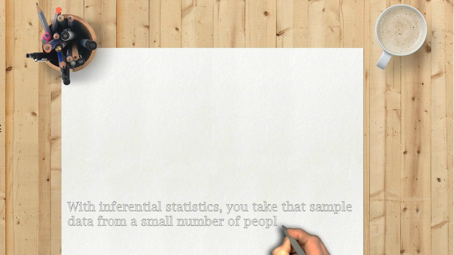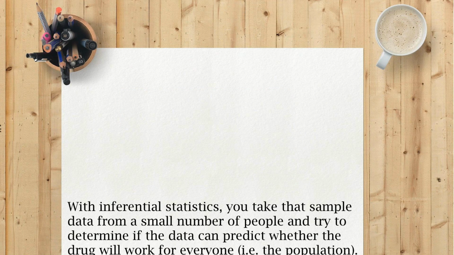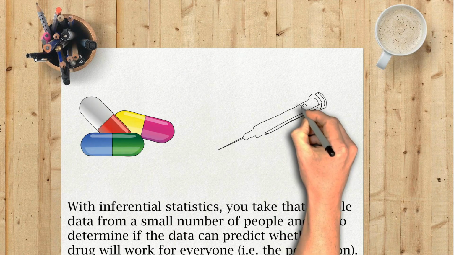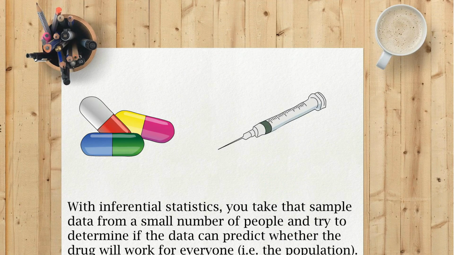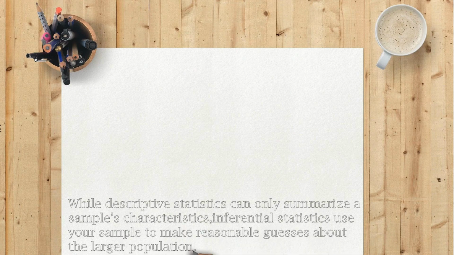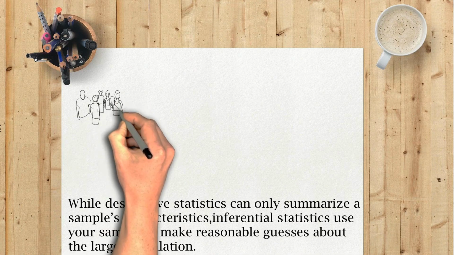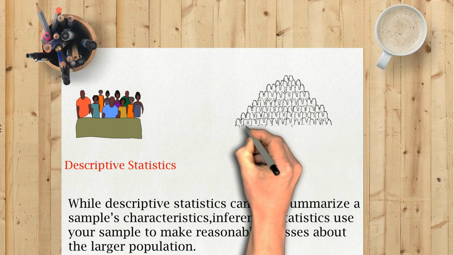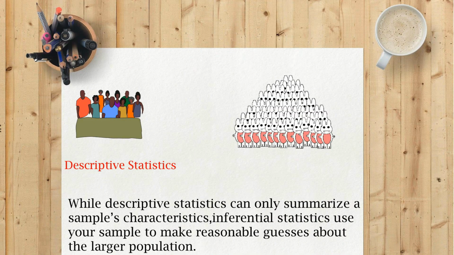With inferential statistics, you take that sample data from a small number of people and try to determine if the data can predict whether the drug will work for everyone, that means the population.